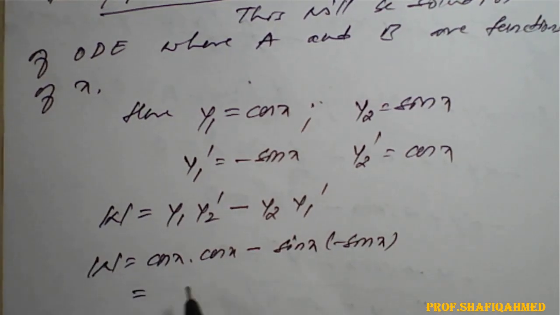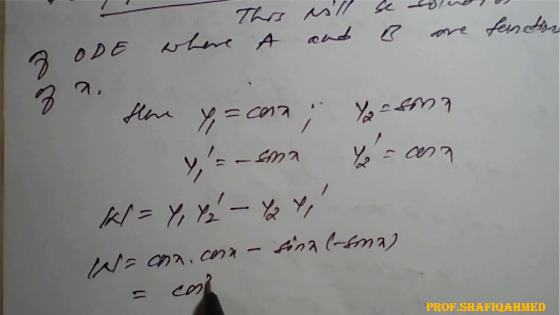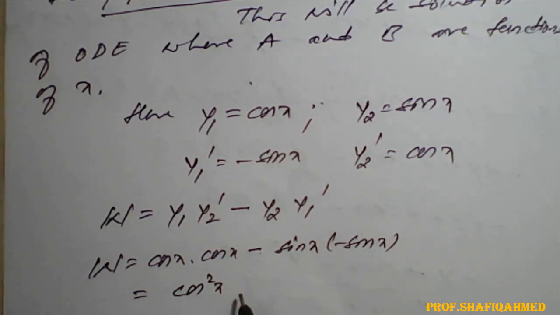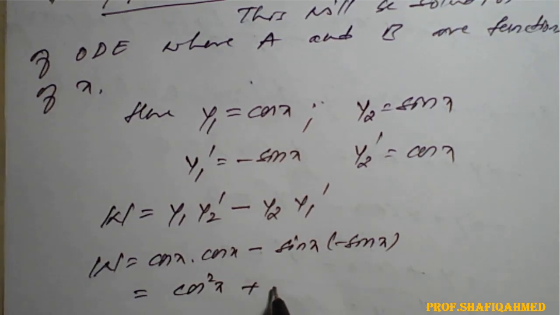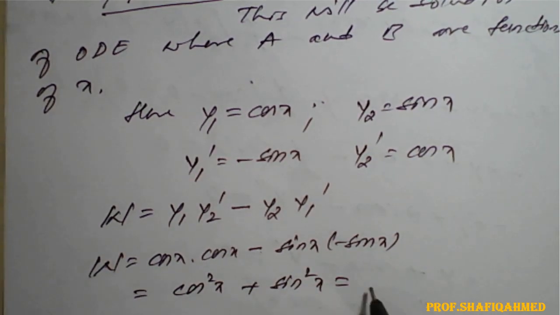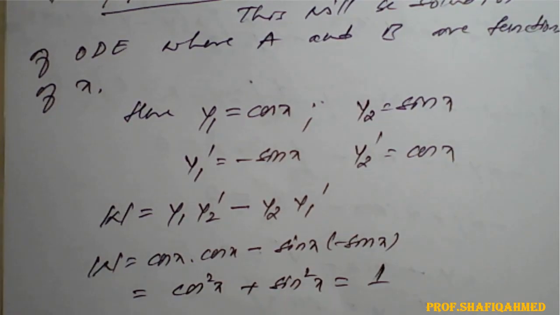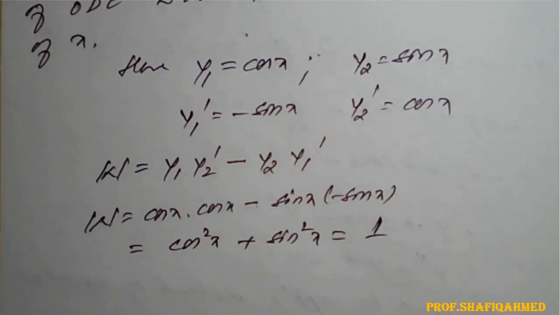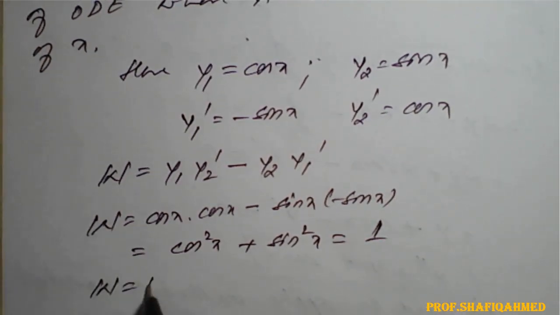On simplification, it is cos square x, minus times minus is plus, sin x into sin x will become sin square x. So cos square plus sin square identity is 1.